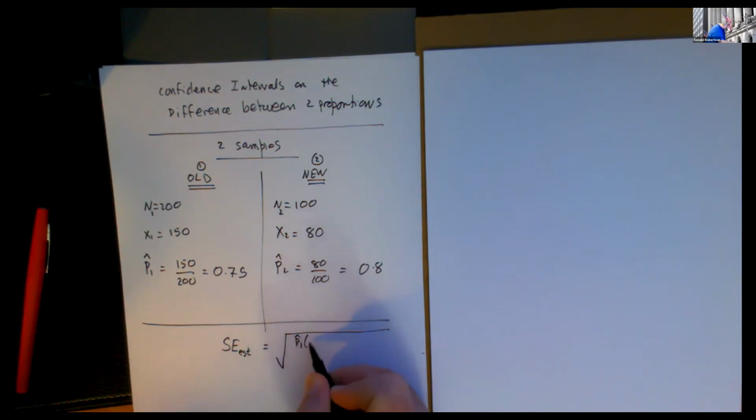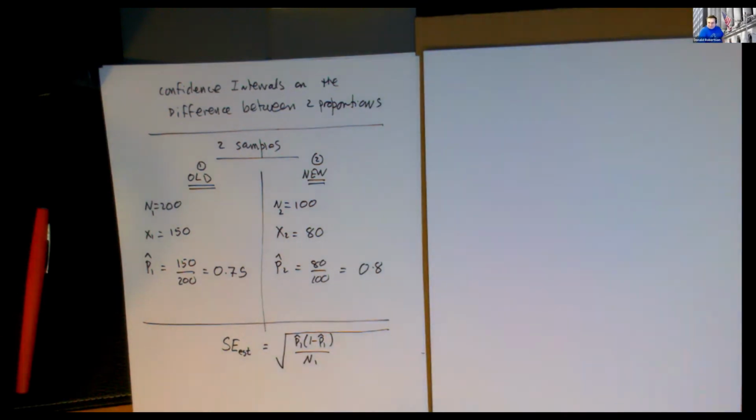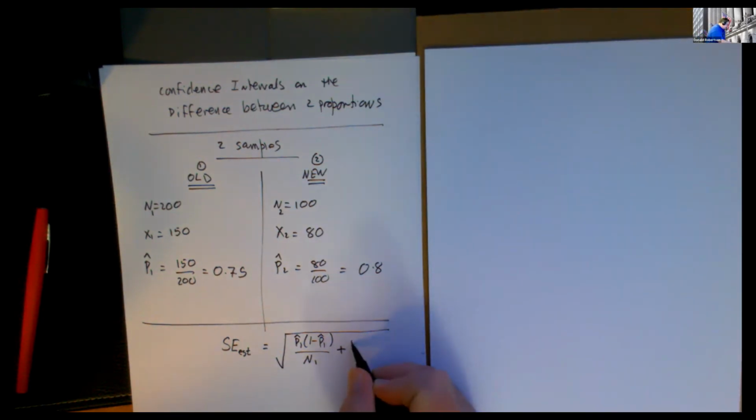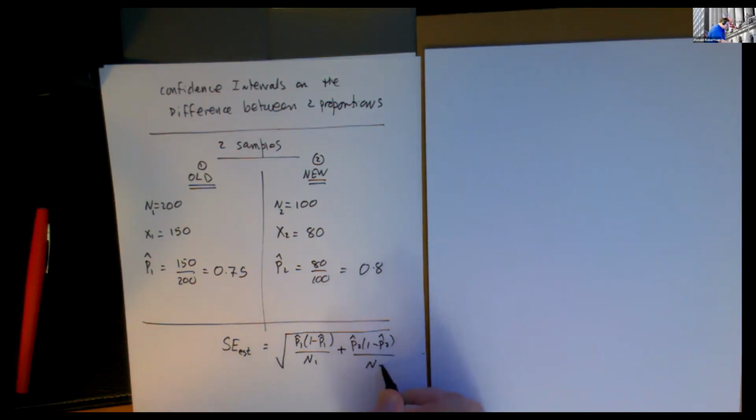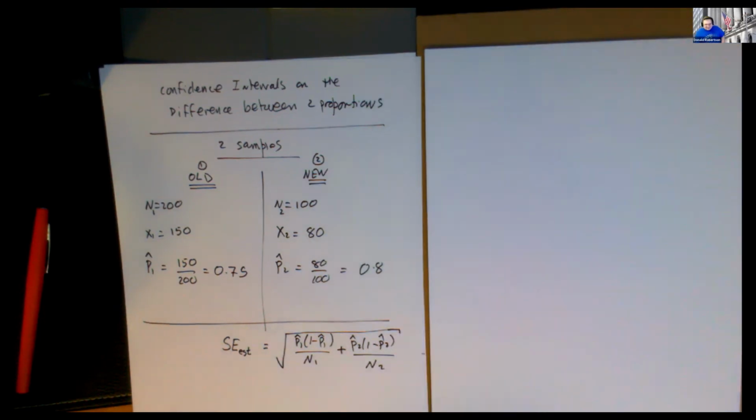P1 hat times 1 minus P1 hat over N1. That looks very familiar, doesn't it? Now here's the extra bit: plus P2 hat times 1 minus P2 hat over N2. Kind of makes sense as a formula, doesn't it?